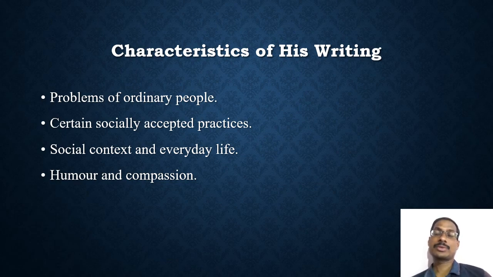Therefore, his novels are very appealing, and irrespective of gender, irrespective of age, they hold the attention of the youth or the adults. And also it has very minutely, very particularly depicted the life of people, particularly the ordinary people, the middle class people, which are the main important characteristics of his novels.